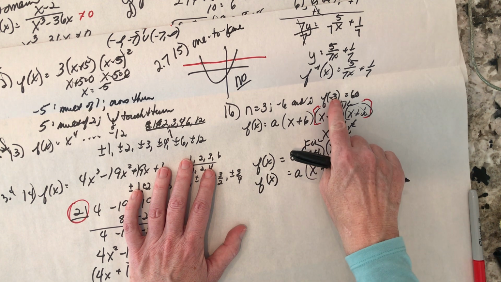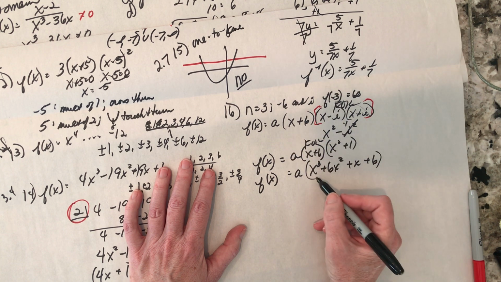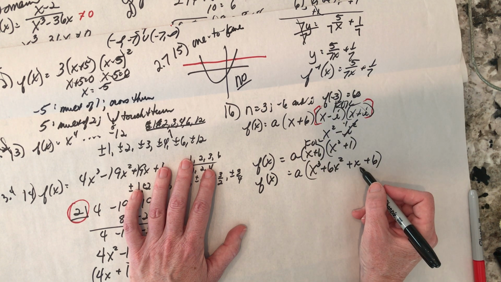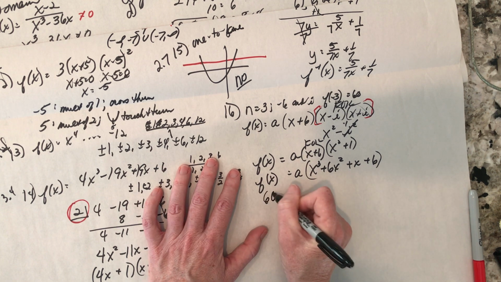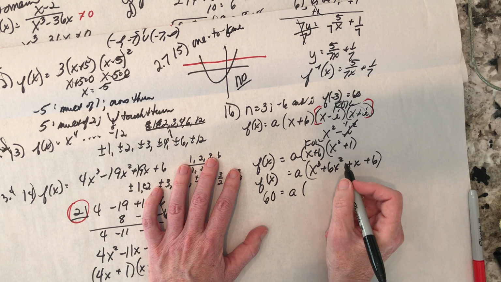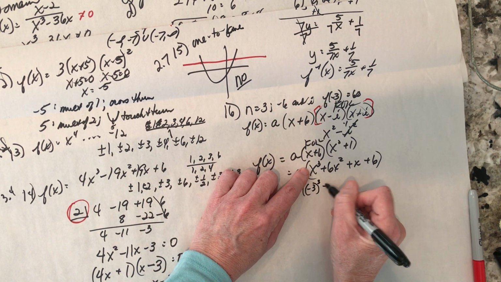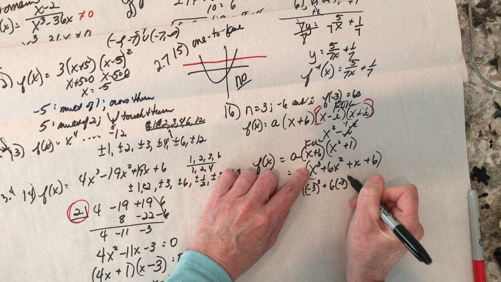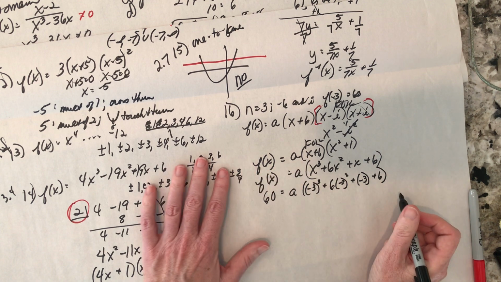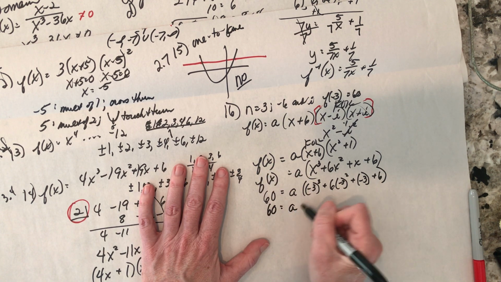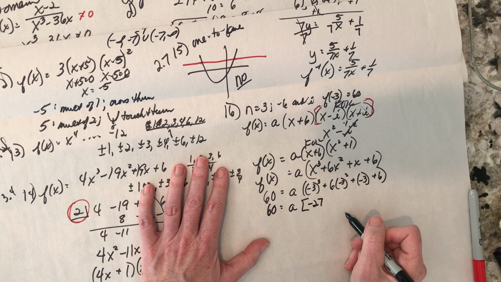We are told up here, comes the last bit about the a, we're told if you plug in a negative 3 here and here and here, you should get a 60 over here. So let's do it. Let's say 60 equals a times, then we're going to plug in negative 3 cubed plus 6 times negative 3 squared plus negative 3 plus 6. Negative 3 cubed is a negative 27.